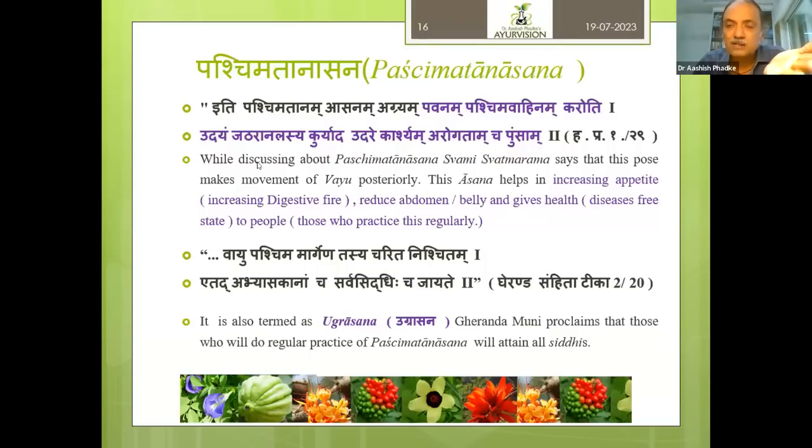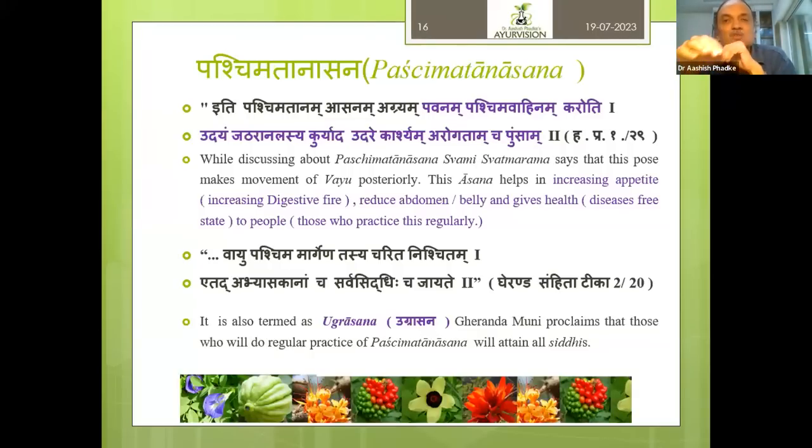Because of that increase in Jataragni, it will try to digest excess fat deposited in and around your belly, and that's how they have mentioned Udare Karsham. When there is digestion of that excessive fat, you will see that the circumference of your belly or abdomen becomes lower and lower, and the fat will get reduced by doing this asana regularly.